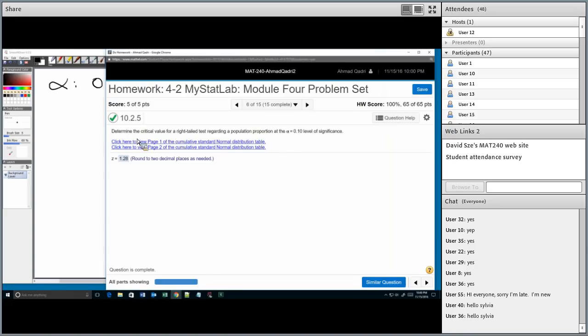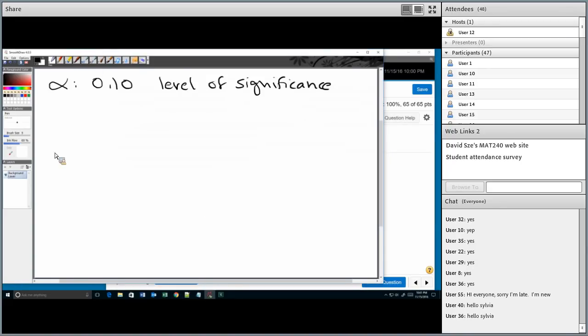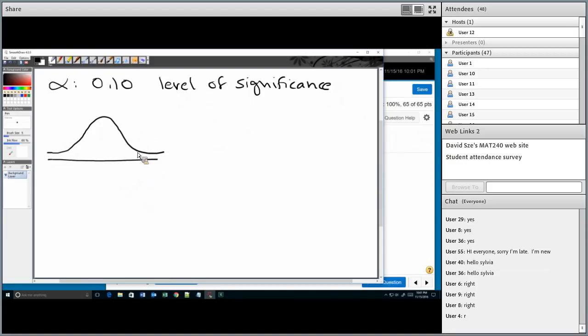And in addition to this, the problem also said it's a right tail test. So my question to you is, if I draw a bell-shaped curve, and the problem says it's a right tail, where's my tail? Is my tail on this side or this side? It's on the right. So it's here. Okay.